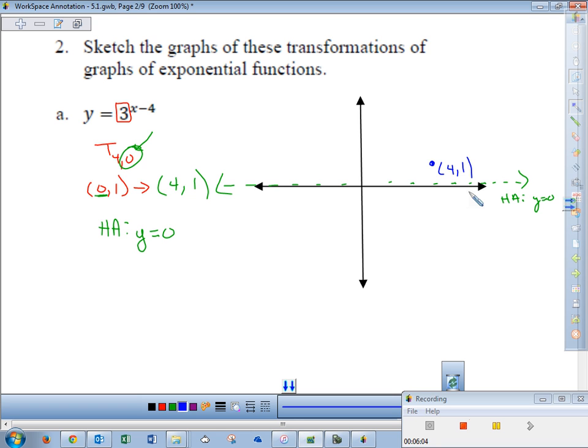And then your exponential graph always looks the same. When it's growth, it starts really low. It goes through that particular point and then shoots through the roof. That's a rough sketch of where the graph y equals 3^x is. Here's the parent, right? The base is 3 both times. This guy has just moved 4 units right from that guy.